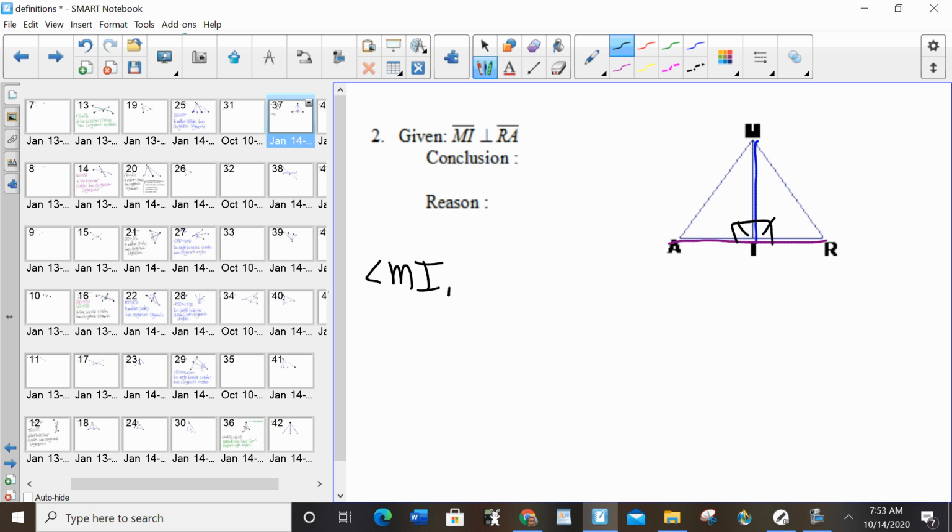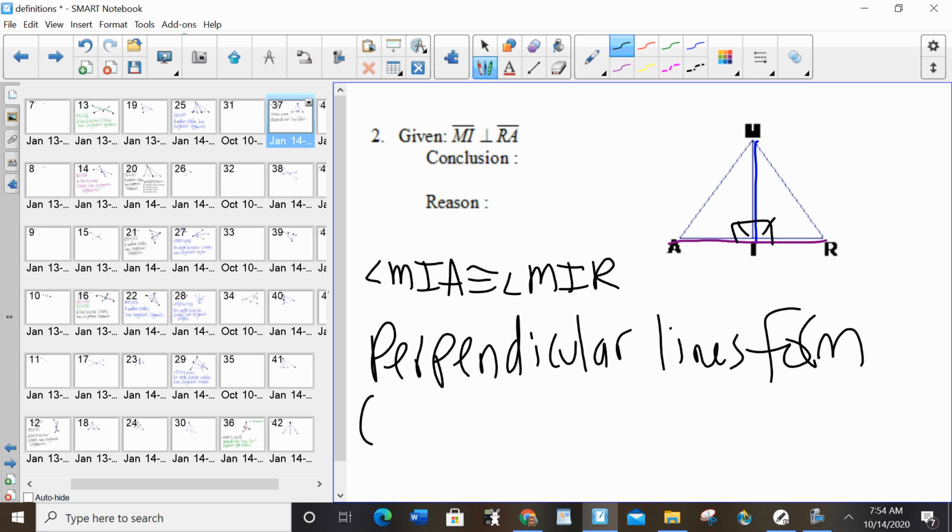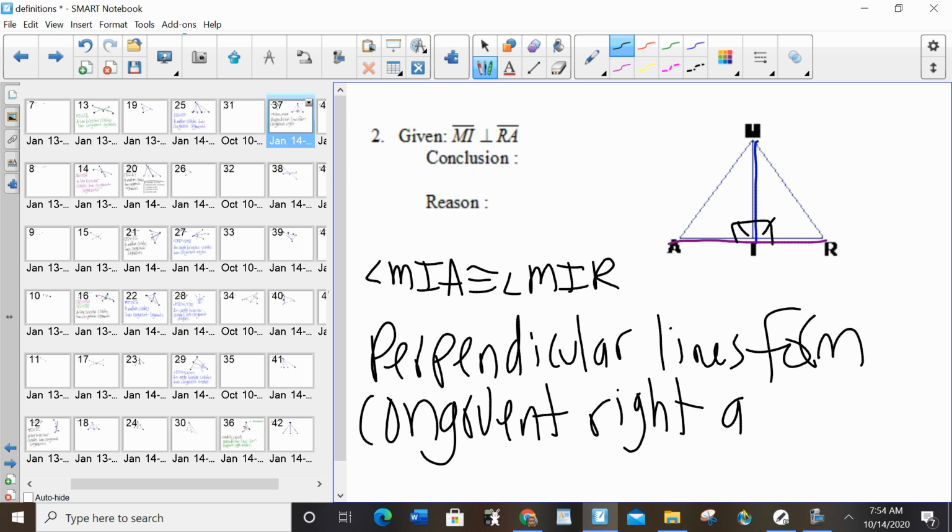Angle MIA is congruent to angle MIR, and the reason, perpendicular lines form congruent right angles. Number 3 is a little different.